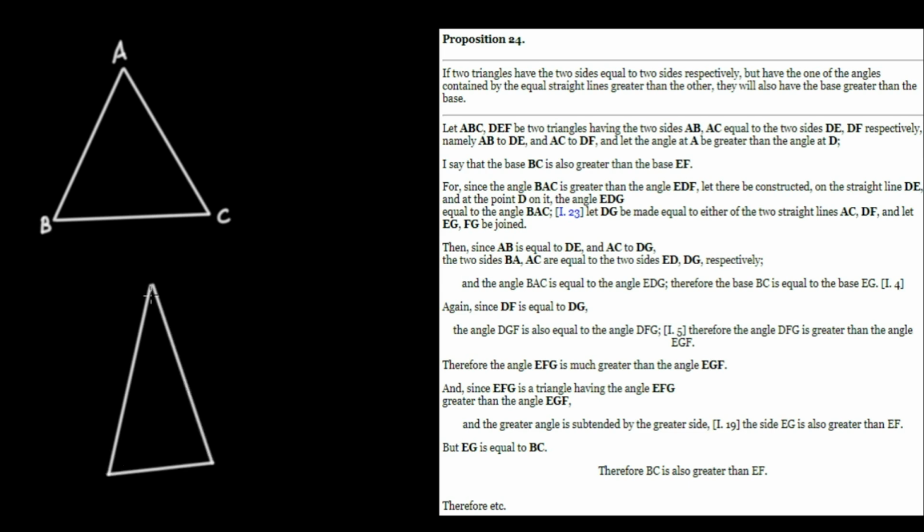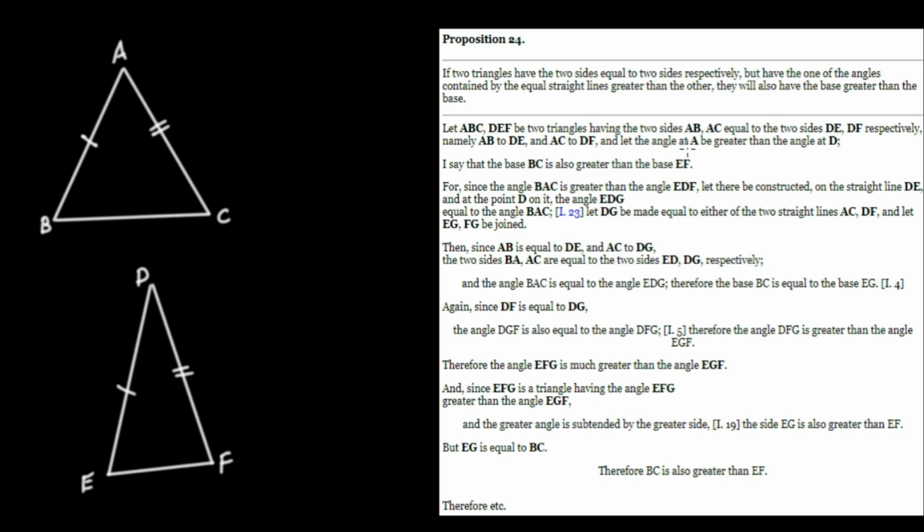That's going to be our DEF. And he's saying it's also given that AB is equal to DE and AC is equal to DF.